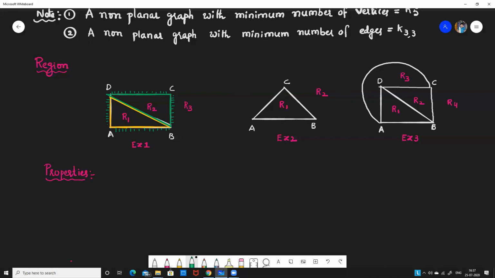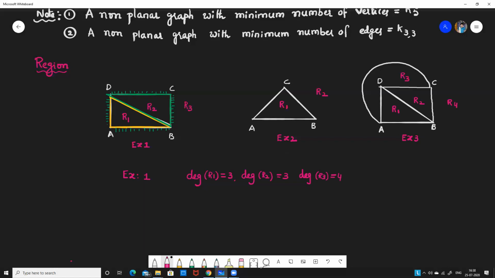Therefore, the degree of R3 is equal to 4. So in example 1, let me write this point now. Degree of R1 equals 3. Similarly, degree of R2 is also 3. Degree of R3 is equal to 4.